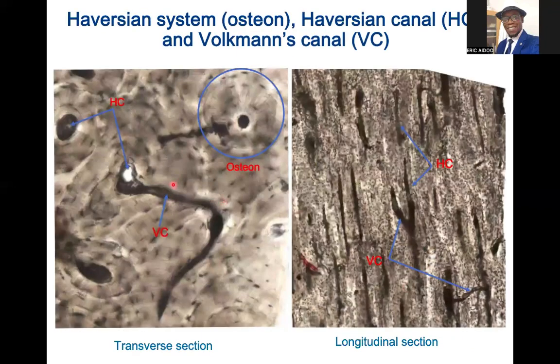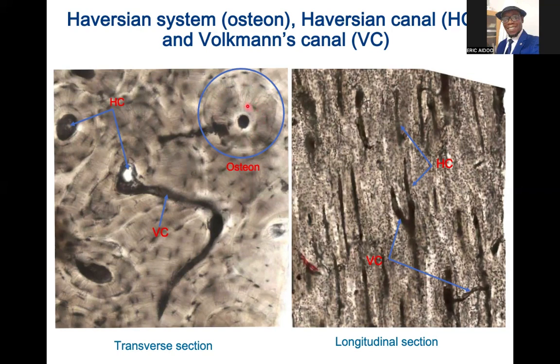So this is how this will look in a micrograph. HC is a Haversian canal, the vertically running canal with the VAN. Then that's the Volkmann's canal, the transverse running one. Then that will be an osteon made up of the Haversian canal with the circumferential lamellae containing osteocytes sitting within lacunae.